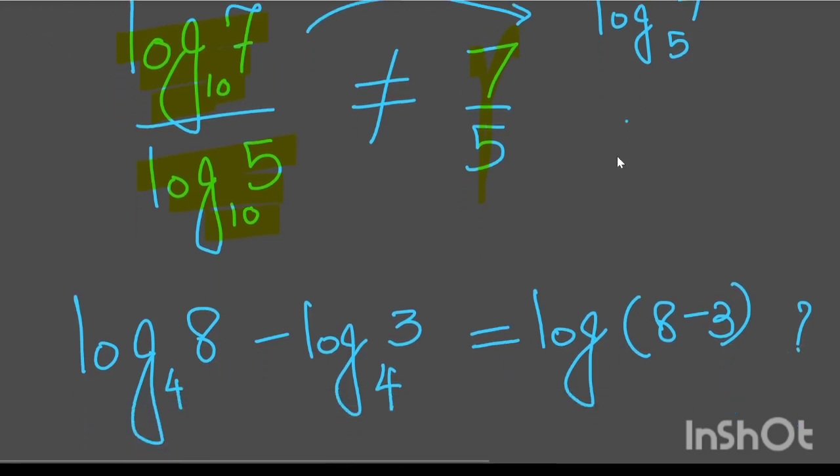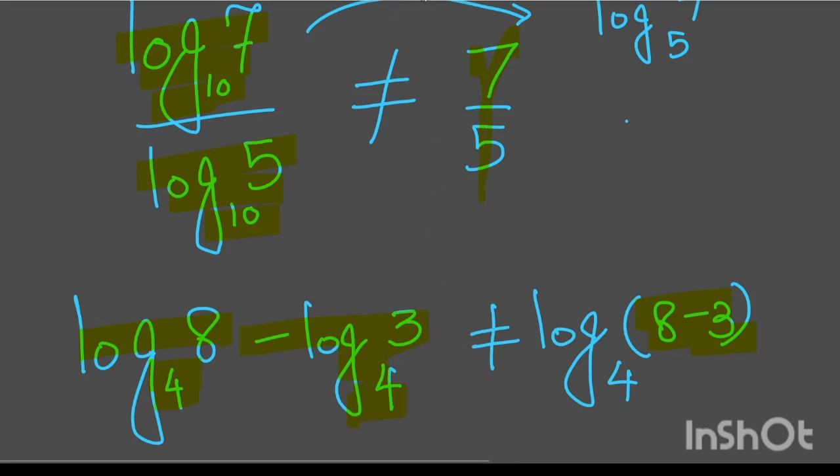Moving on to the next example, if log 8 base 4 minus log 3 base 4, can we take log base 4 common and then write it as 8 minus 3? Is it correct? Again, as I said, because of the misconceptions in the past when the log was evolving, this is again not correct. So this is also wrong. We cannot take log common.